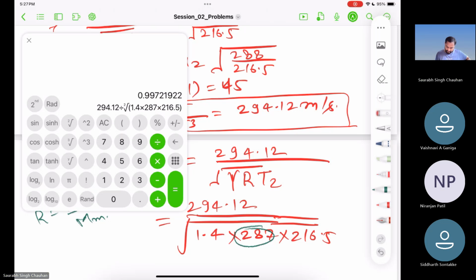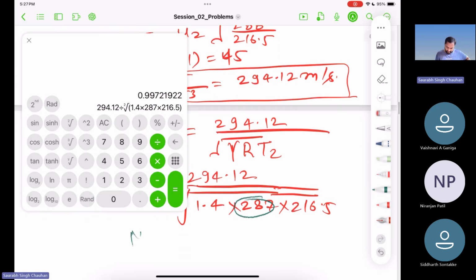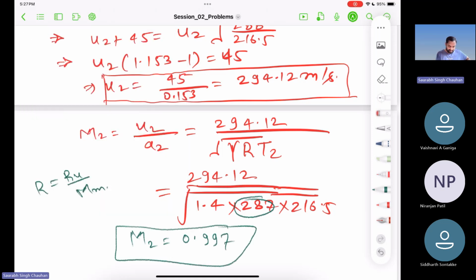Okay, so it is approximately how much? Mach number is 0.997 something. Okay, so this is the Mach number.